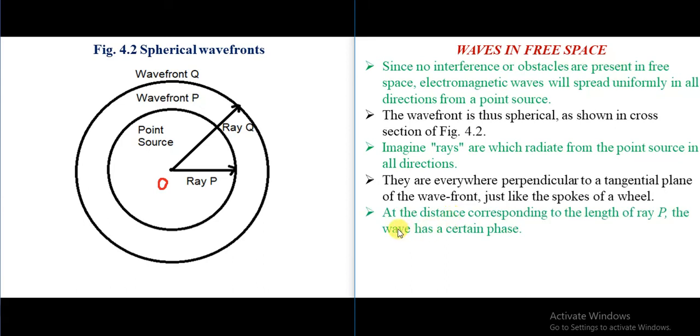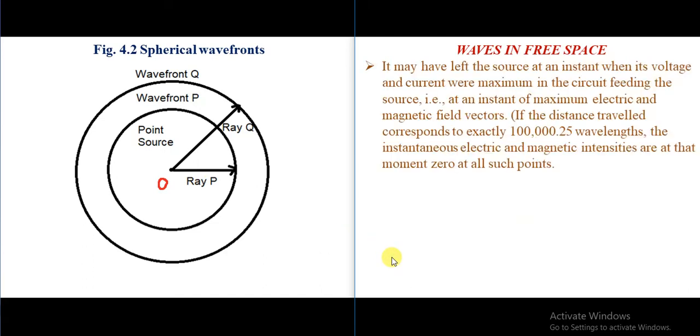So at the distance corresponding to the length of ray P, the wave has a certain phase. It may have left the source at an instant when its voltage and current were maximum in the circuit feeding the source.